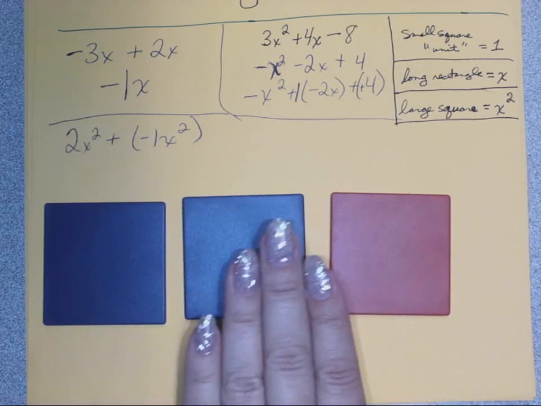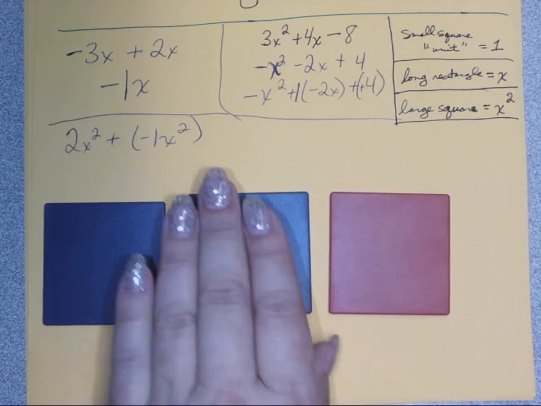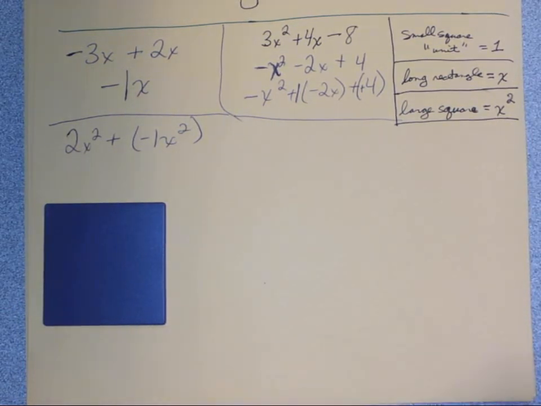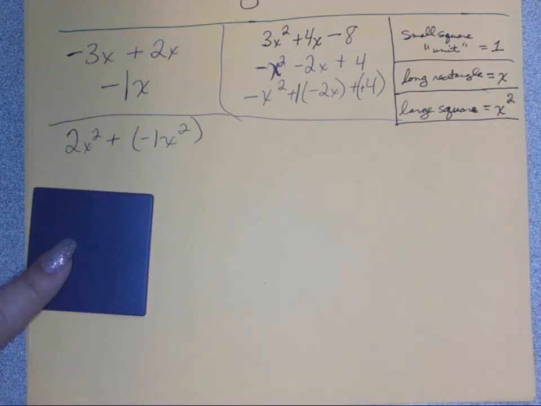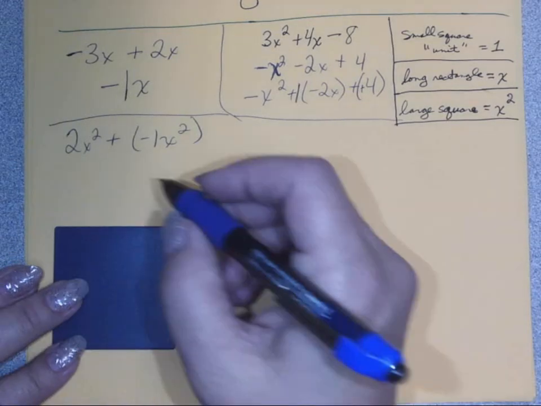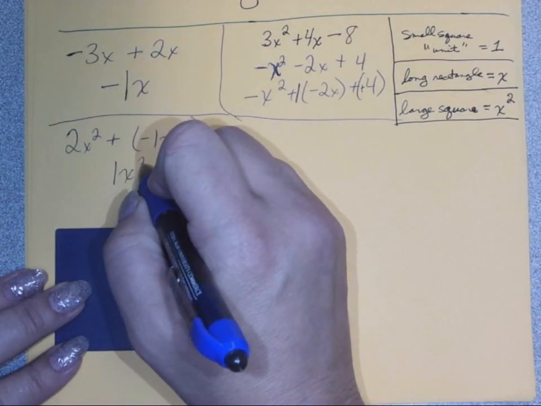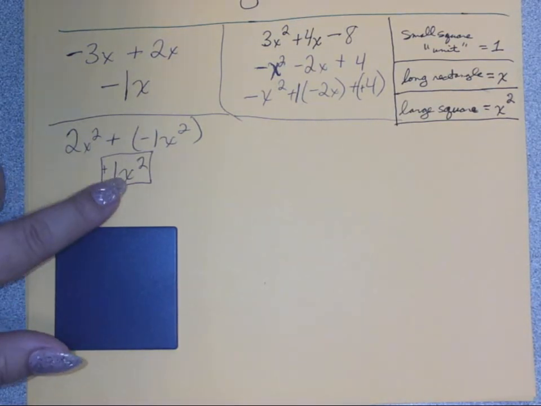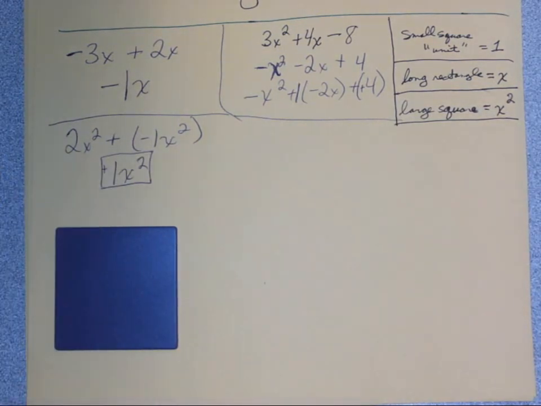But here, if I'm a child, I know, hey, there's a positive 1x squared and there's a negative 1x squared. Those are going to zero out and go away. And what am I left with? 1x squared, right? And we know that sooner or later I can start leaving off the positive, and sooner or later I don't have to write the 1, right?